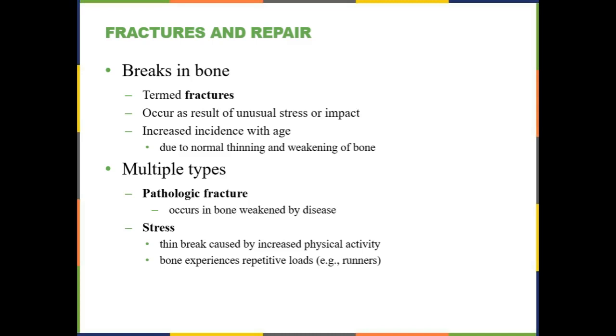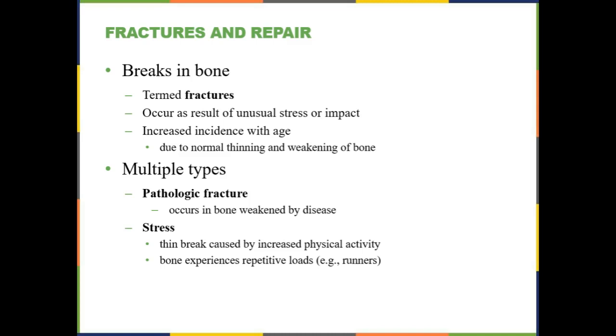This could occur as we age because our bones aren't getting stressed enough, and so they're becoming weaker and weaker, because stress does influence bone formation. This can also occur because we just put too much stress on our bones at one specific time, causing them to break. There are different types, like I said.